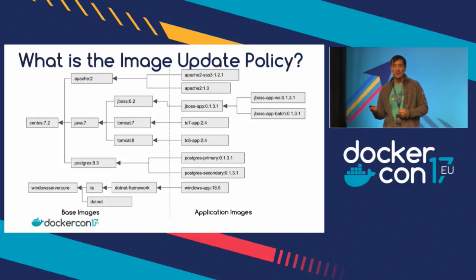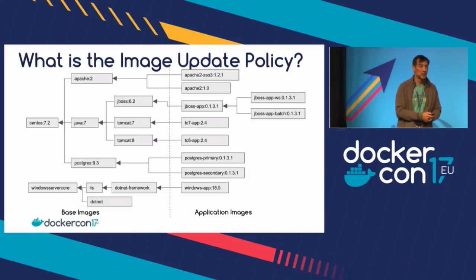So imagine there's a vulnerability found in one of the base images. It could be at the OS level, it could be at the language level. And so let's say the ops team says, okay, there's a vulnerability, we need to update the base images, and they update them. But then what's your policy for all of your application teams to upgrade to those new base images?